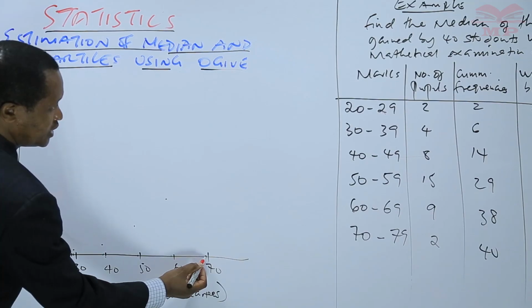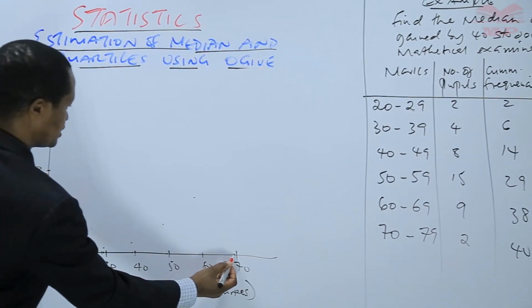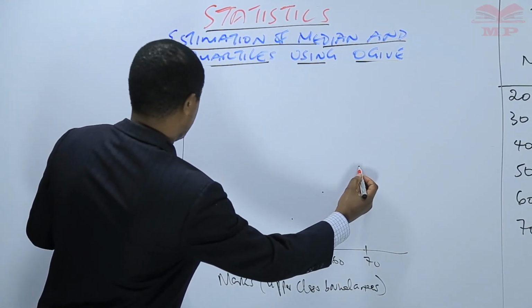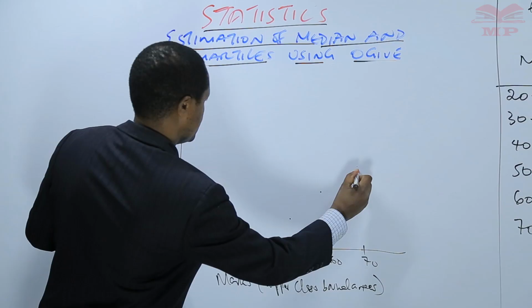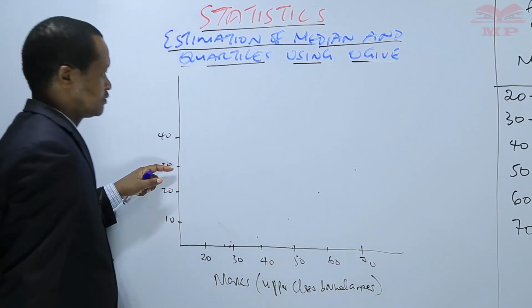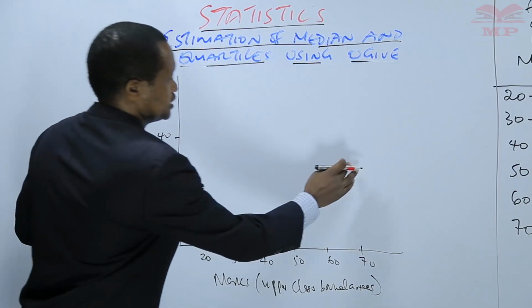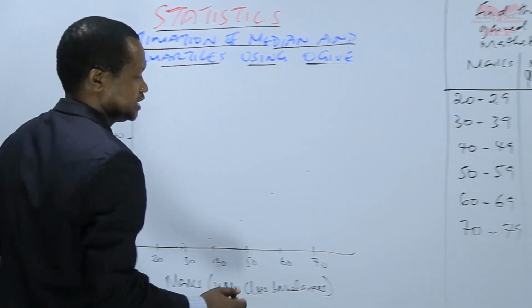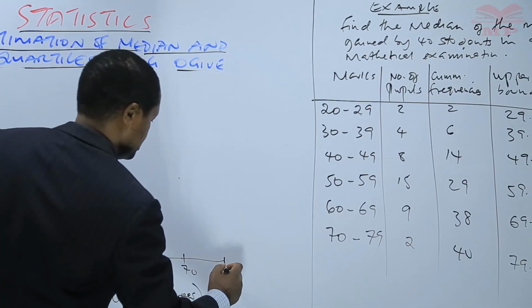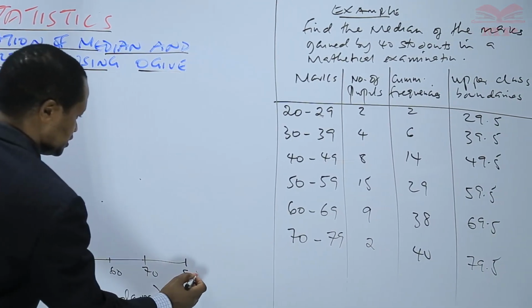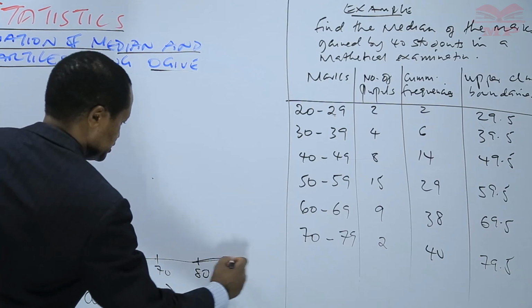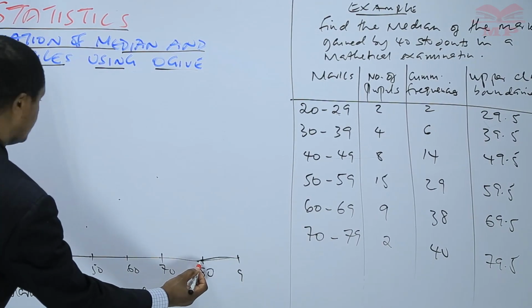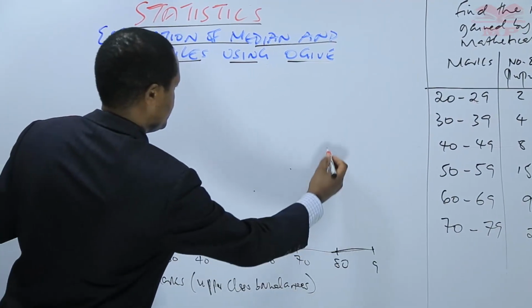9.5 against 38. So 38. That is 38 at that point. Then learners have 79.5 cumulative 40.